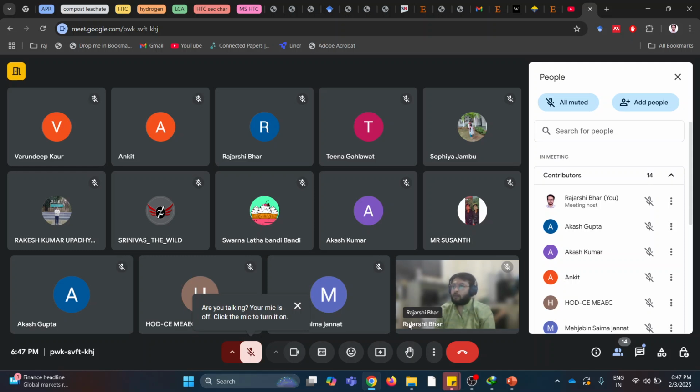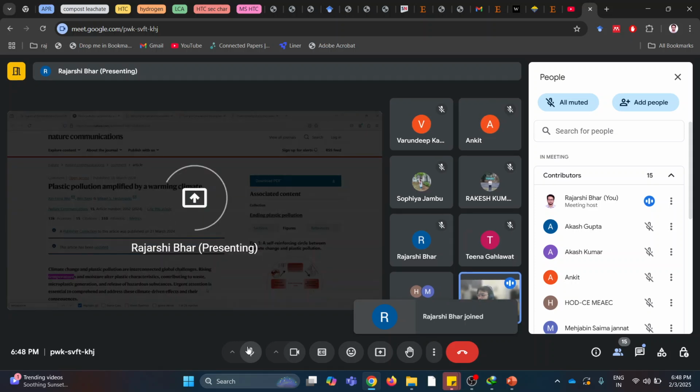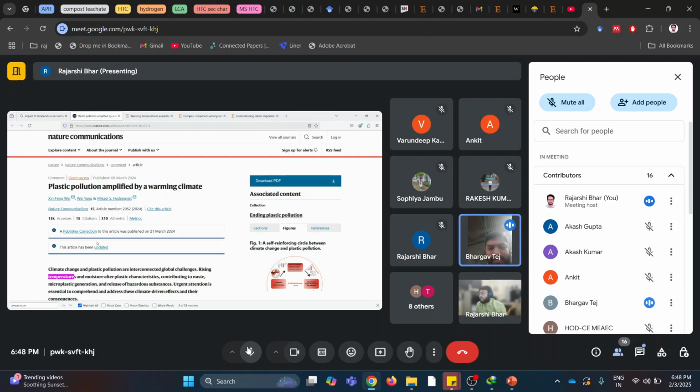Okay, so I hope my screen is visible. So this is an article that talks about the impact of the warming climate, or climate change, increasing temperature on plastic pollution.